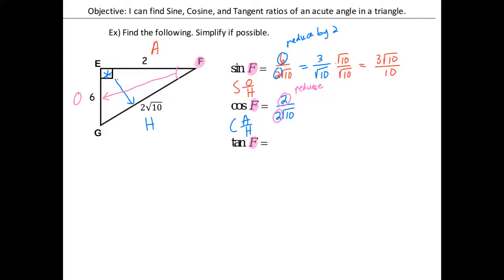So 2 divided by 2 is 1, and 2 divided by 2 again is 1. So it's just 1 over root 10. But then we rationalize, root 10 over root 10. So 1 times root 10 is just root 10, and root 10 times root 10 is root 10 squared, which ends up being 10. The square root goes away.